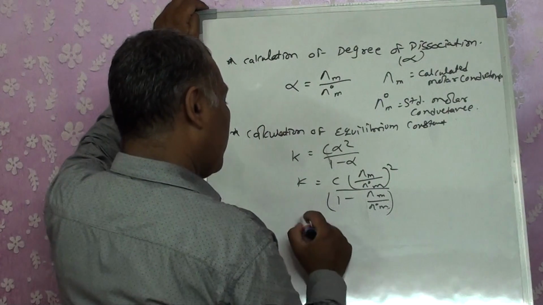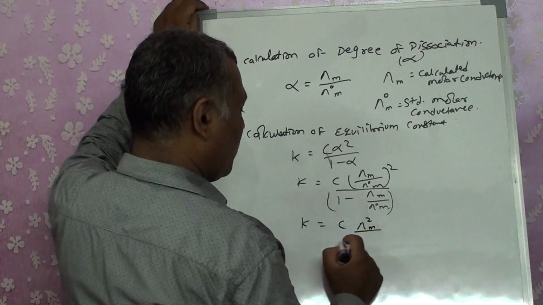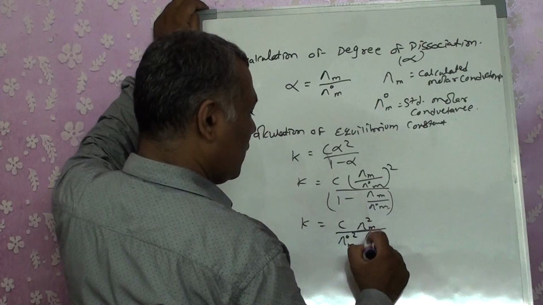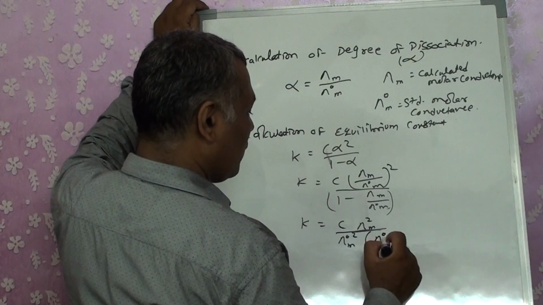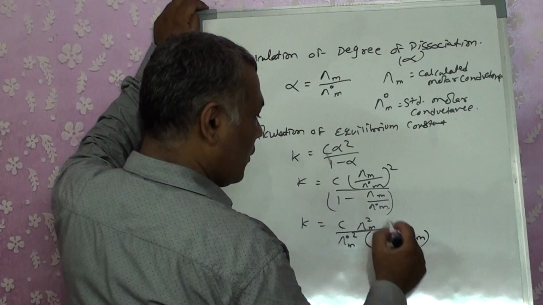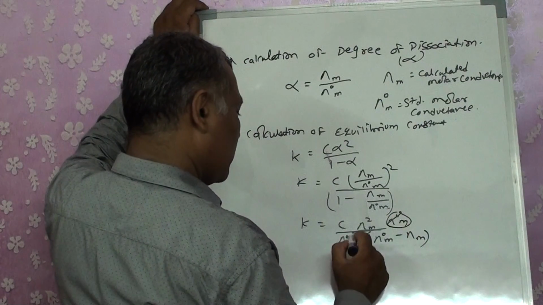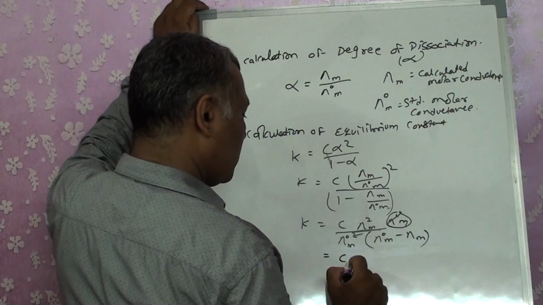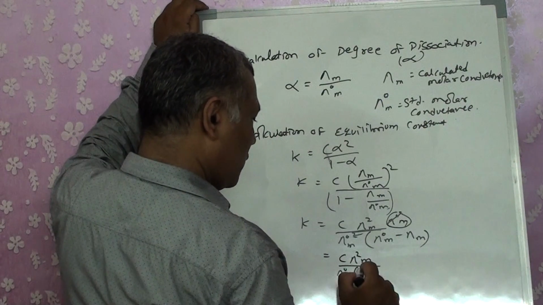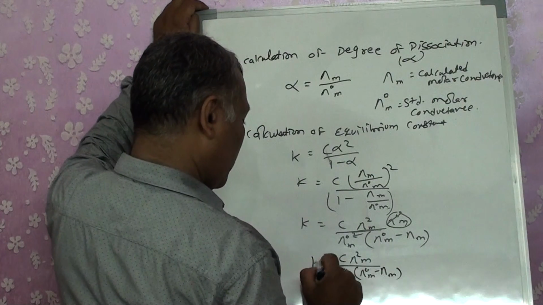Now if we open the brackets, we get molar upon standard molar square. Open this bracket, we get molar minus standard molar upon standard molar, which goes into a multiplication. This term is cancelled out, so we get molar square upon standard molar into standard molar minus molar, that is equal to K.